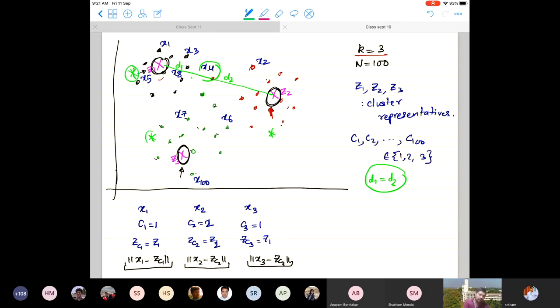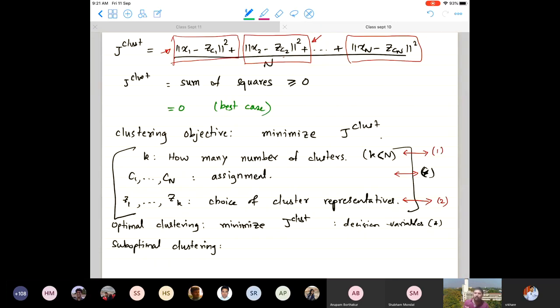These are also allowed, and then I will get a different cluster assignment, a different clustering. How do I come up with the cluster representatives? We are not saying it yet. But if you have a choice of cluster representatives, then the C1, C2, up to Cn assignment that you do obtains the best possible clustering assignment by minimizing this clustering objective J cluster. So I hope this part is clear.